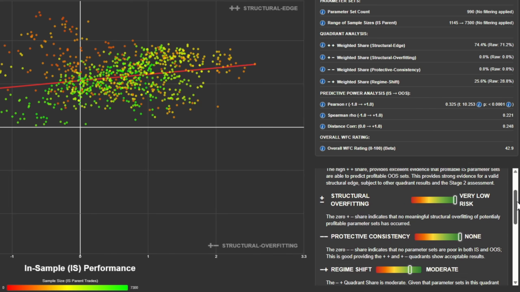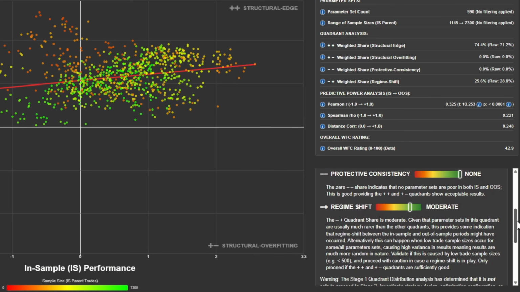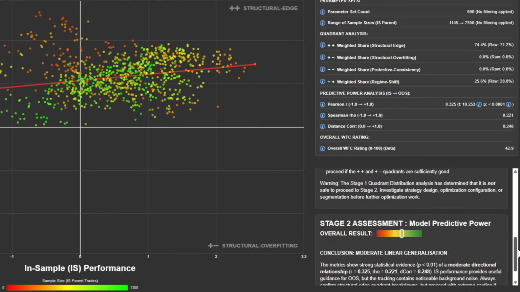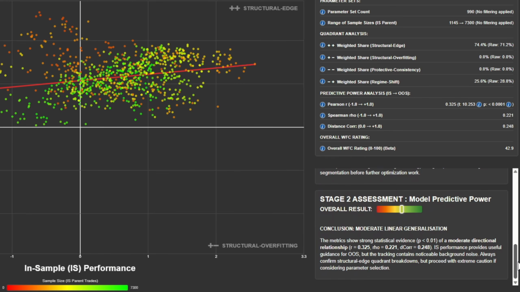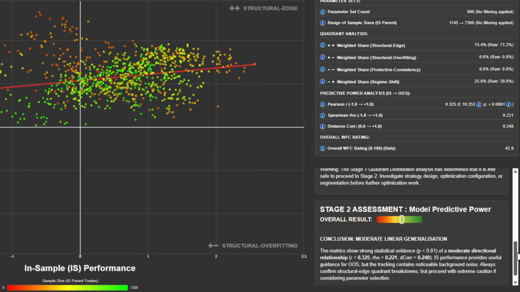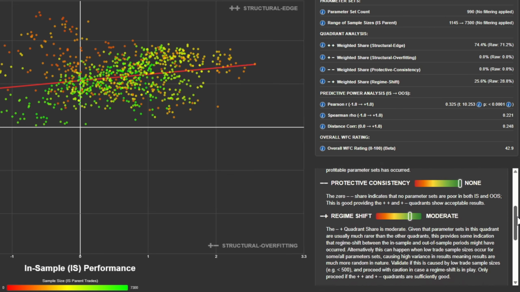With walk-forward correlation, you're no longer guessing. You're no longer relying on a single lucky parameter set. You're evaluating the entire behavior of your strategy across the full parameter space.